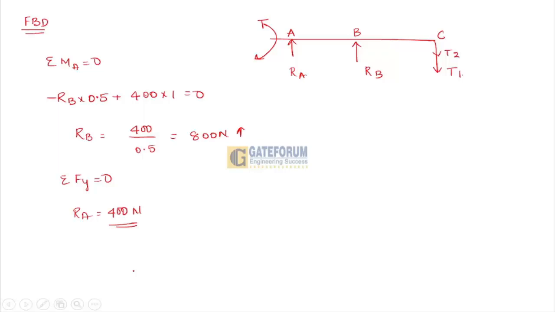When we are talking about the shaft, the maximum shear stress due to bending and torsion is 16 by pi d cube times root of M square plus T square.